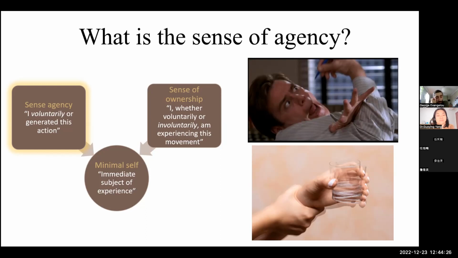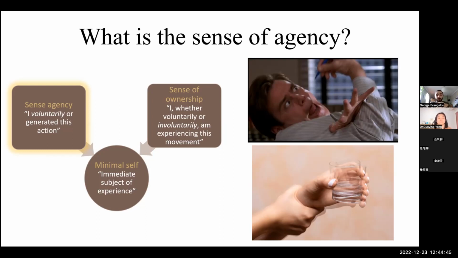One is sensory attenuation. It was found that when there's an external cause of sensory information on the skin, so if someone else touches your hand versus when you touch your own hand, there's a difference in the intensity you experience of the sensory stimuli.